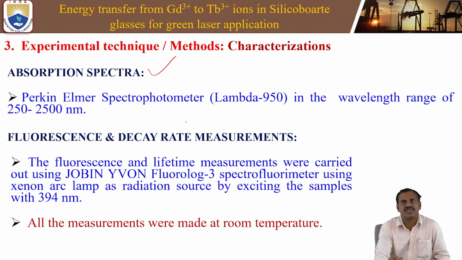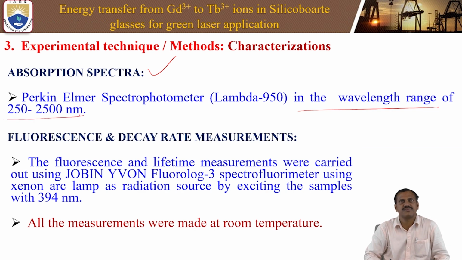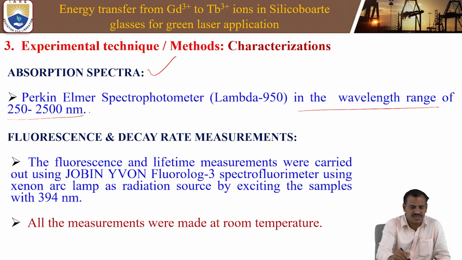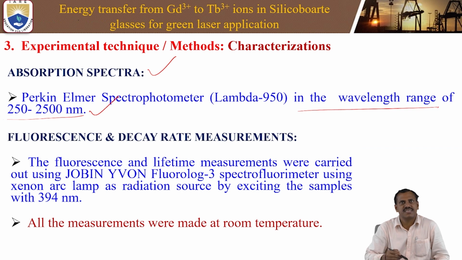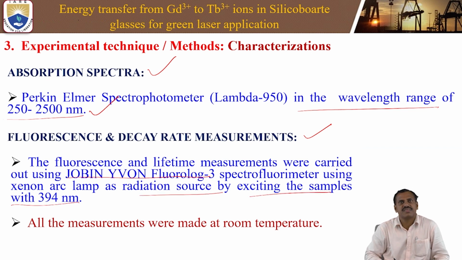A PerkinElmer Lambda 950 spectrometer was used to measure the absorption spectra in the wavelength range from 250 to 2500 nanometers. Next, the excitation, fluorescence and decay time measurements were carried out using the Jobin Yvon Fluorolog 3 spectrofluorometer with a xenon arc lamp as the radiation source, by exciting the sample with 394 nanometers.